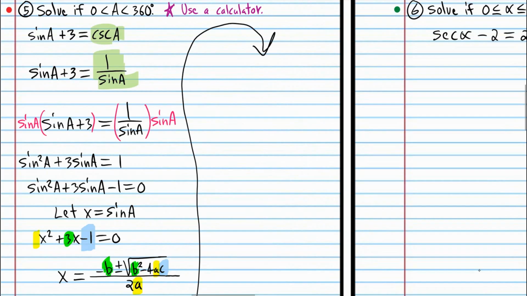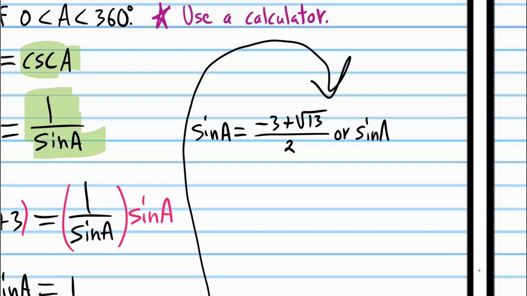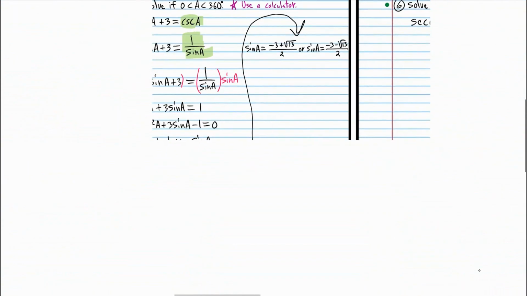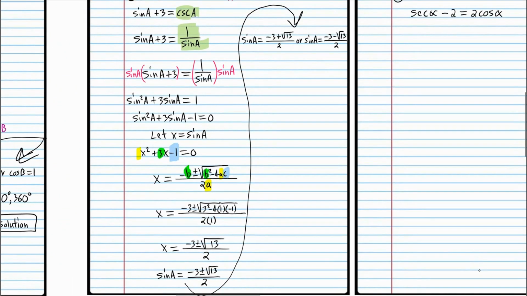So sine A can be equal to negative 3 plus root 13 over 2, or sine A can be equal to negative 3 minus root 13 over 2. So I know it's kind of hard to fit this in on the page. So let's make sure we got that right. Looks correct.